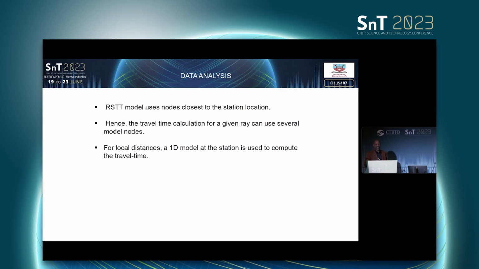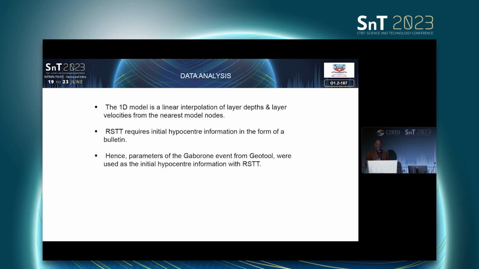Hence, the travel time calculation for a given ray can use several nodes, depending on the location of the station. For local distances, a 1D model at the station is used to compute the travel times. The 1D model is a linear interpolation of layer depths and layer velocities from the nearest model nodes.